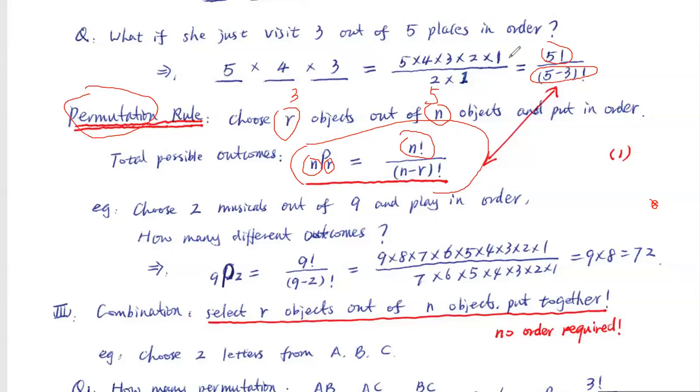Then the answer is 5 factorial divided by 2 factorial, which is 2. So numerator divided by denominator gives 60.